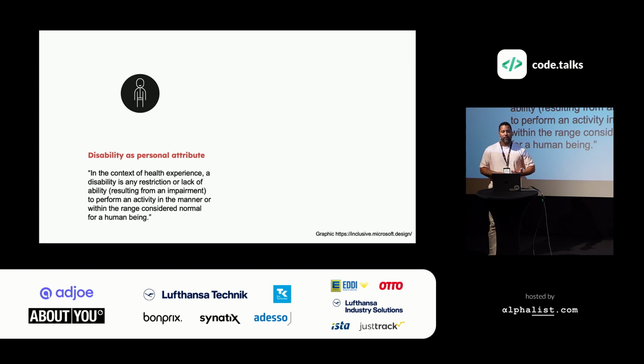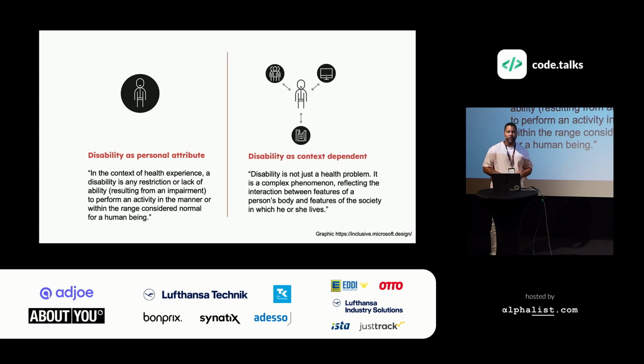But over time, this has evolved. And now, when we talk about disability, we see it more in this context-dependent sense. So disability is not just a health problem. It is a complex phenomenon reflecting the interactions between features of a person's body and features of the society in which he or she lives.